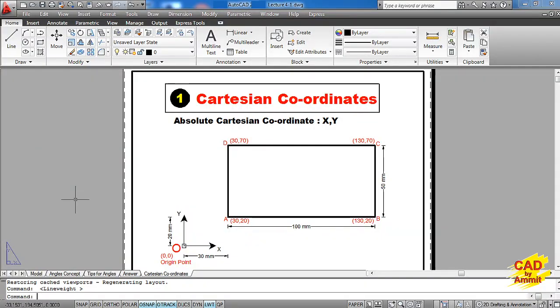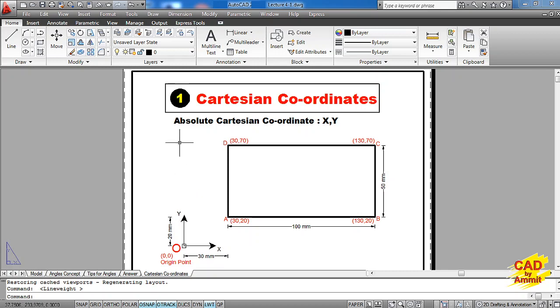Friends, this diagram that you have in front of you is created so that the Cartesian coordinate system becomes very clear to us. A Cartesian coordinate system format is x coordinate, y coordinate. And we are working with absolute Cartesian coordinates in this particular drawing.